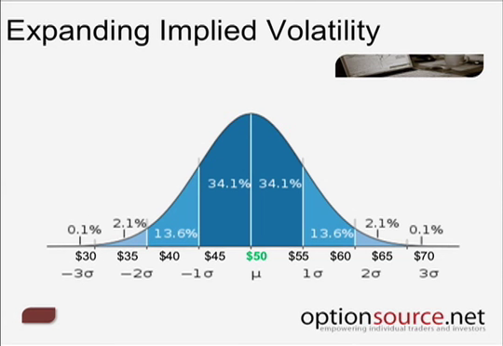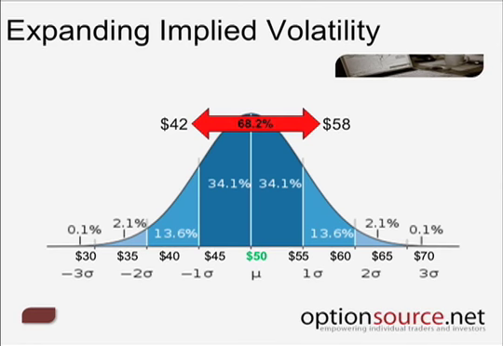So if we now look at this expanding implied volatility distribution curve here, in the previous example that we were looking at, we saw that the market maker was really pricing a 68.2 or 70% chance that the underlying security was going to remain between 45 and 55.